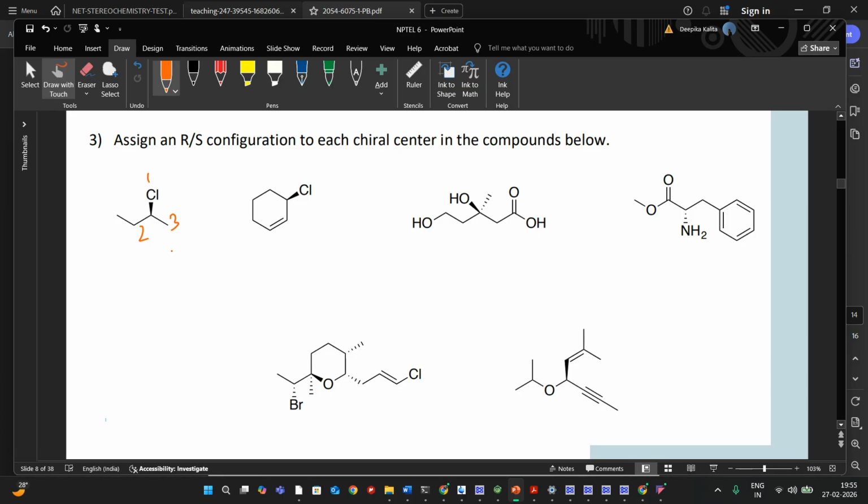So this center is S. In this one, this is 1, 2, and this is 3, and the center will be R. For the third one, again, this is going to be first, this is going to be second, this is going to be third, and this is going to be the fourth one. Hence, the absolute configuration is R.